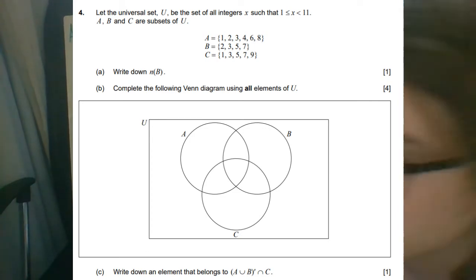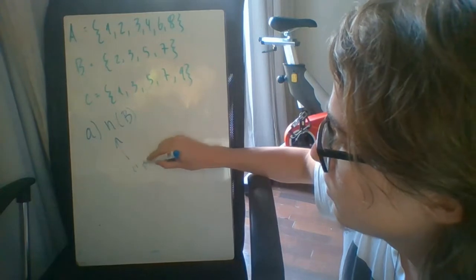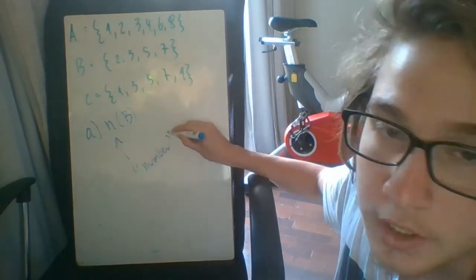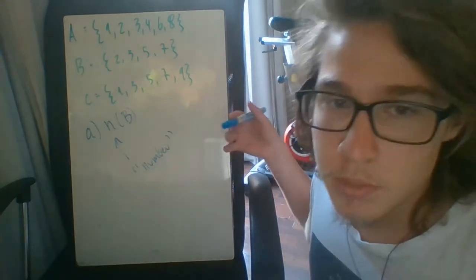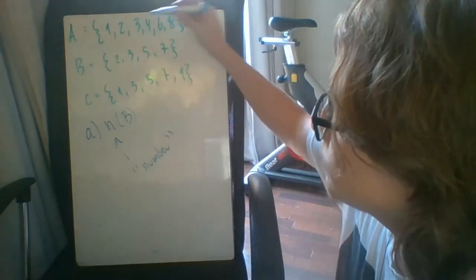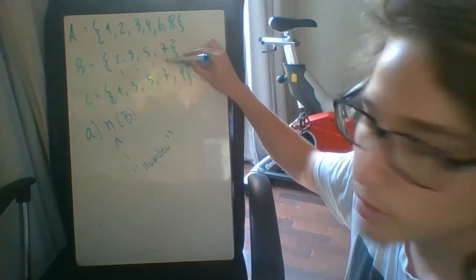is asking for n of B. This n right here, you can look at as number. I suggest it's a good way of memorizing it, because it's basically the number of elements in B. Looking at B, we have one element, a second one, a third, and the fourth.